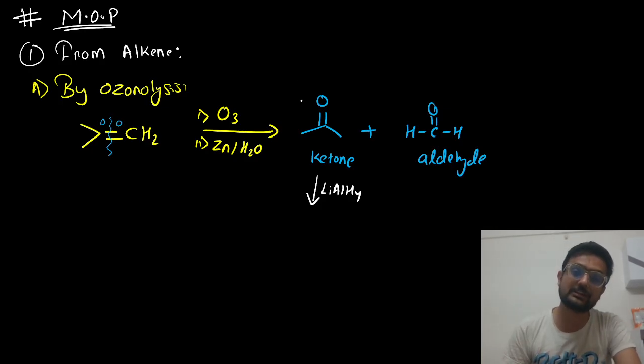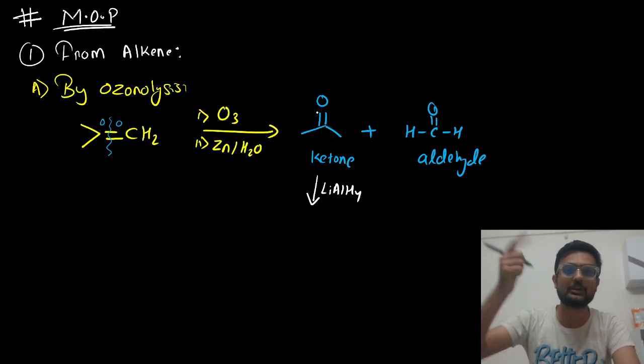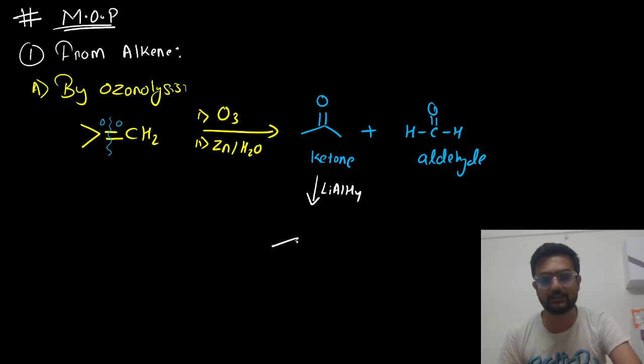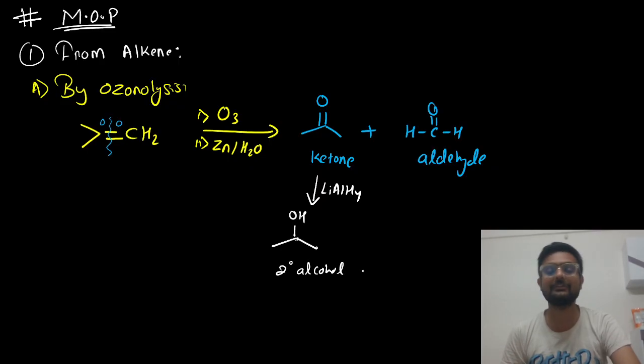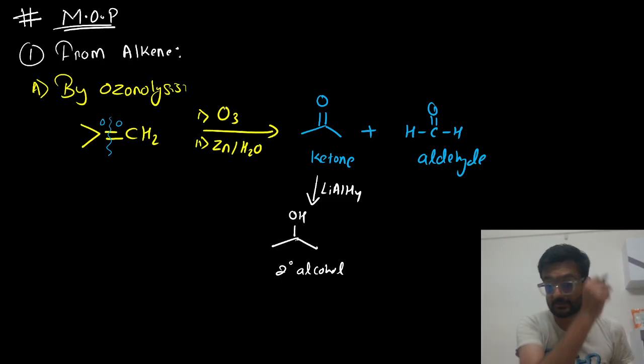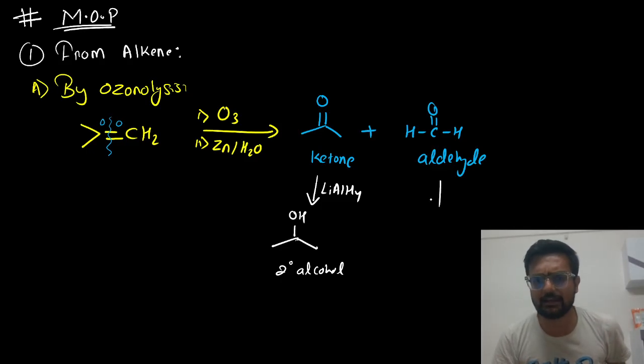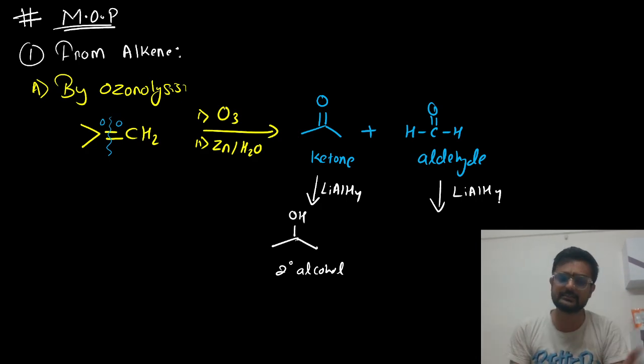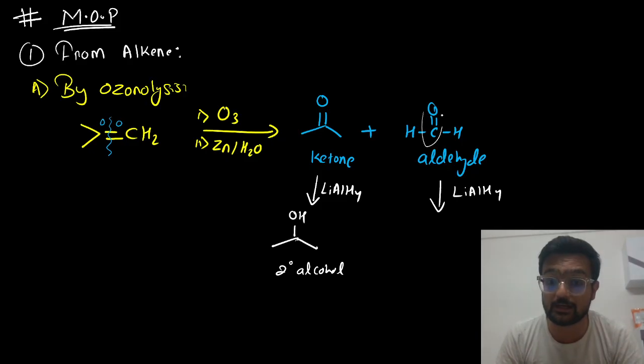It will reduce the ketonic carbonyl carbon into alcohol. So the product will be a 2 degree alcohol, a secondary alcohol. Correct? If I treat with lithium aluminum hydride, the strongest reducing agent, remember that. Similarly, in the aldehyde, if I add LiAlH4, will there be any reaction? The answer is yes. Why? Because here also there is a carbonyl carbon.